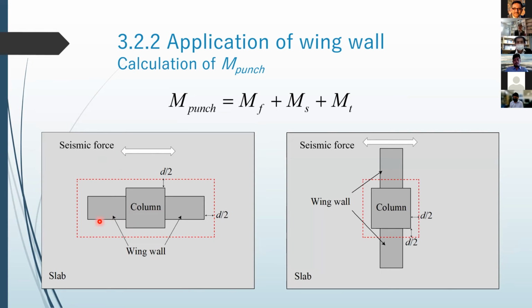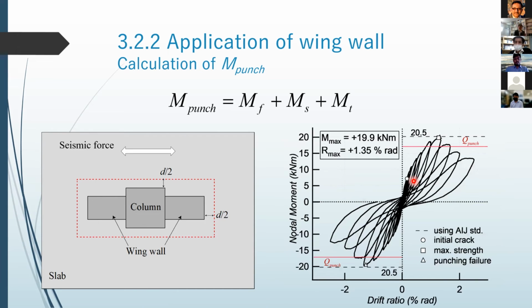In this case, we assume this red dashed line as the critical section. In the case of the transverse direction, where the wing wall is installed in the transverse direction, we assume this red dashed line as the critical section. It is the same as before retrofit.